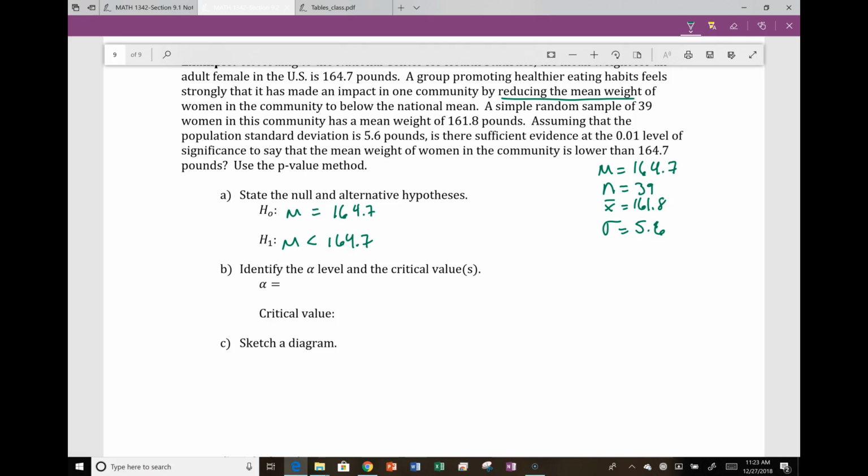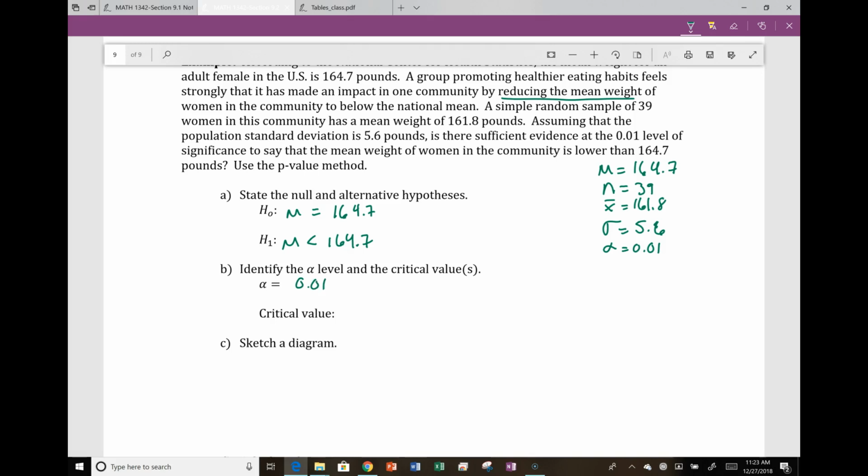Is there sufficient evidence at the 0.01 level of significance to say that the mean weight of women in the community is less than 164.7 pounds? Use the p-value method. Okay, so we know that 0.01 is here.